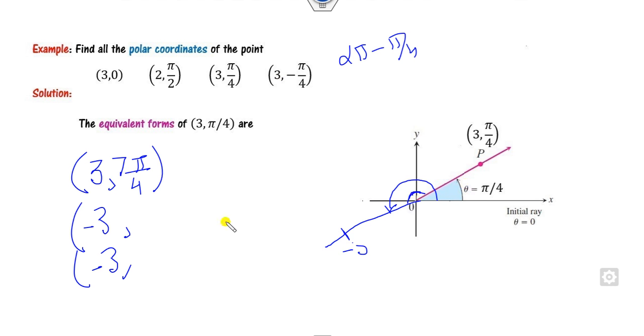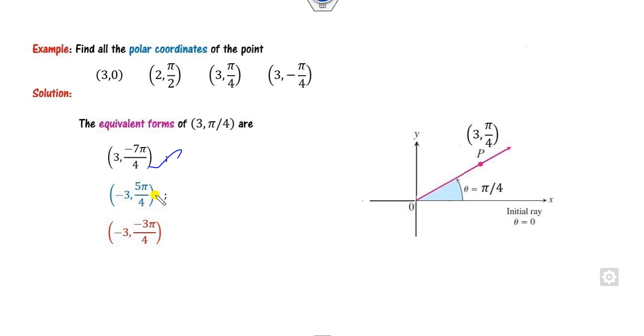This is pi, so this is 5 pi by 4. And what is the angle of this? Up to here it's 5 pi by 4. If you subtract from 2 pi, it's 3 pi by 4, and because it's moving clockwise, you write it as negative. So the right answers are 7 pi by 4, this and this.